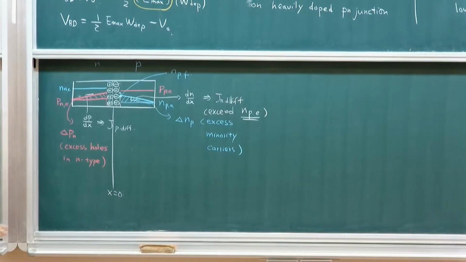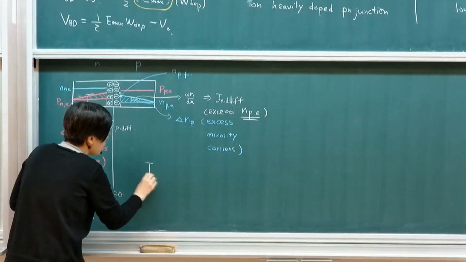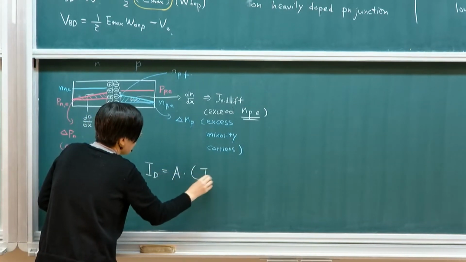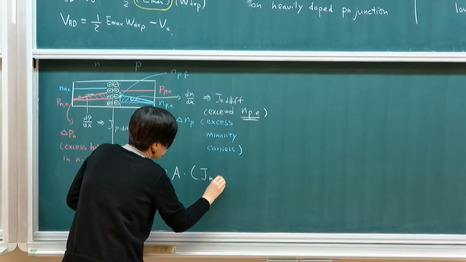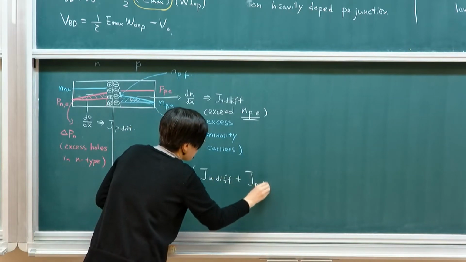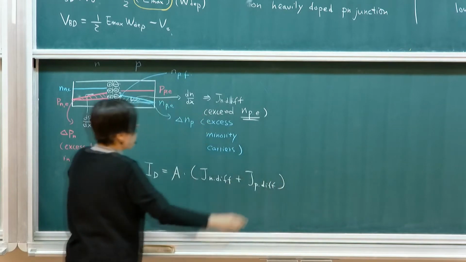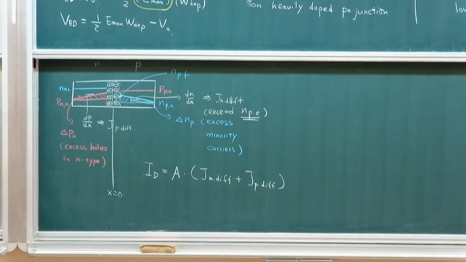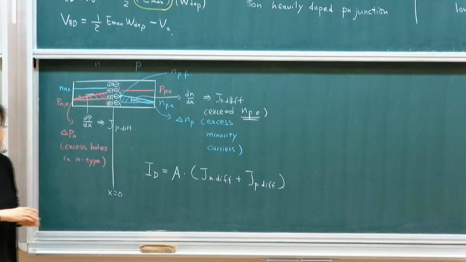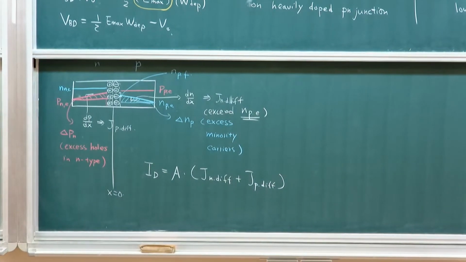So you expect the diode current during forward bias will be area times Jn diffusion plus Jp diffusion. So we already know that if I can find out the diffusion current density for both carriers, I should be able to find out the diode current during forward bias.